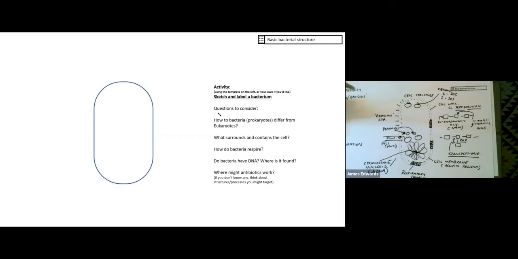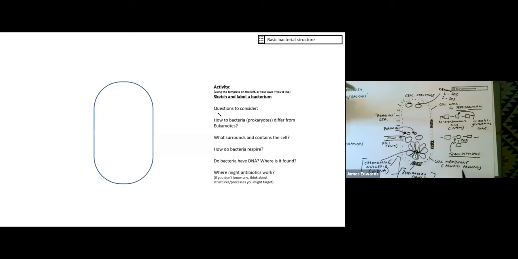So what other questions do we need to consider? How do they differ from eukaryotes? So we've got the chromosome is not bound. You'll note that the respiratory complex here is the site of ATP generation. So bacteria don't have mitochondria.